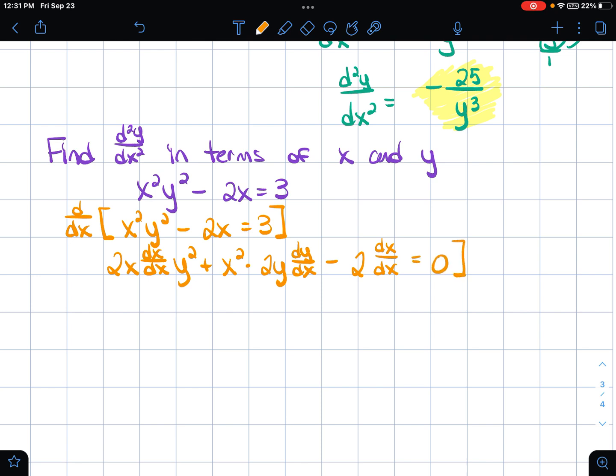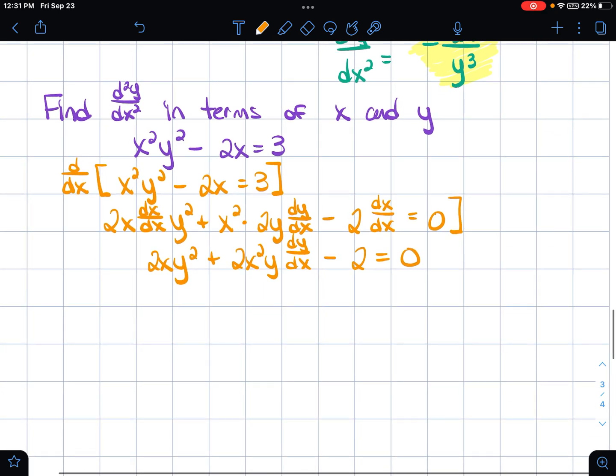Okay, let's do some simplifying. dx over dx is 1, so we end up with 2xy squared plus 2x squared y dy/dx minus 2 equals 0.